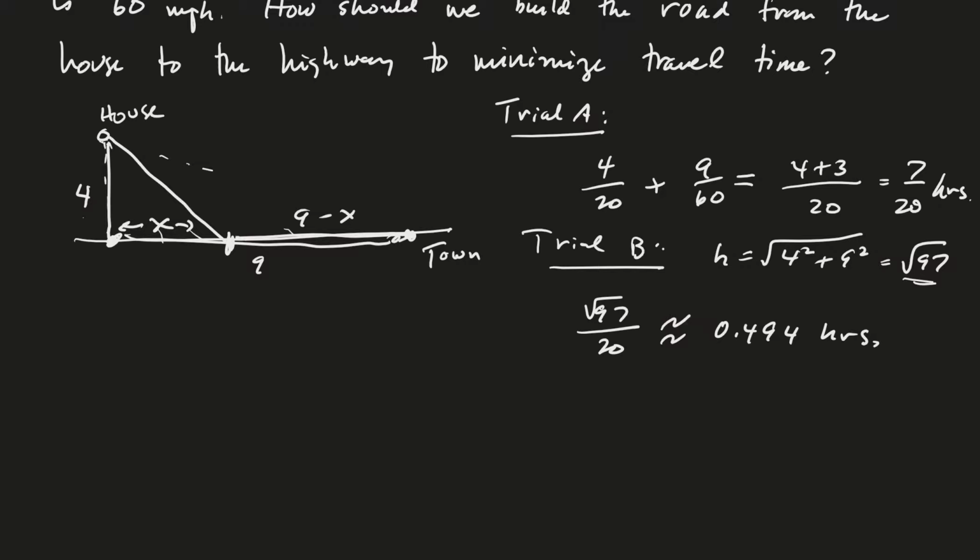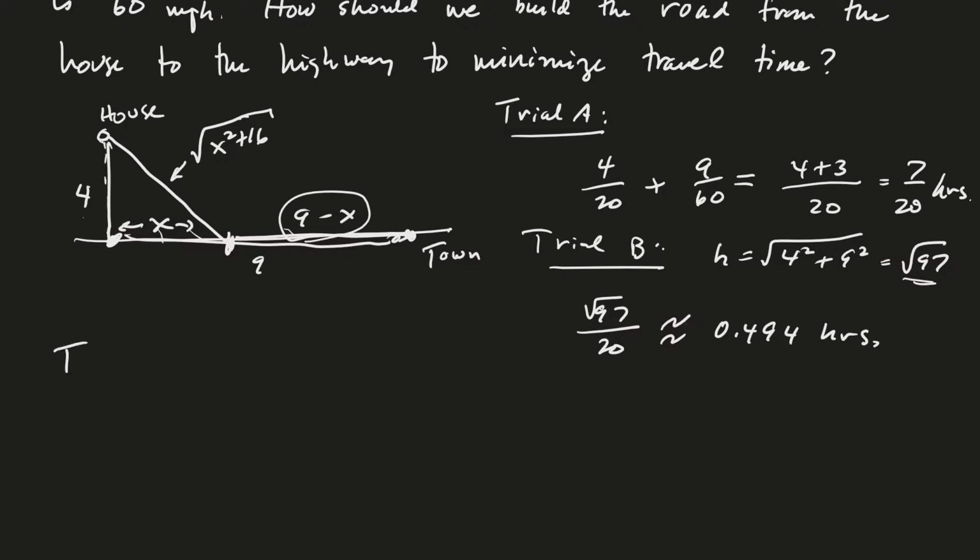Do you see what we're going to be doing here? The distance traveled on the dirt road is going to be the square root of x squared plus 16, and then this is the distance that we drive on the highway.